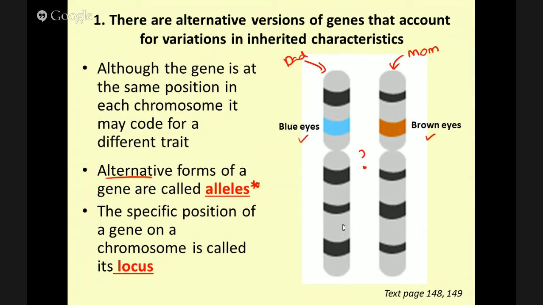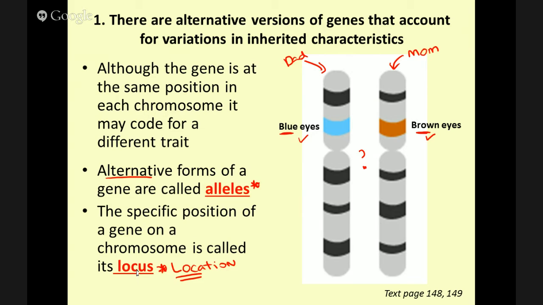So if you have homologous chromosomes like this, where there's one gene for 1 trait on one of those and a gene for a different trait on the other, those are alleles, alternative forms of a gene. Now, where a gene is located on the chromosome is called its locus. And when you think about it, locus kind of sounds like the start of location.